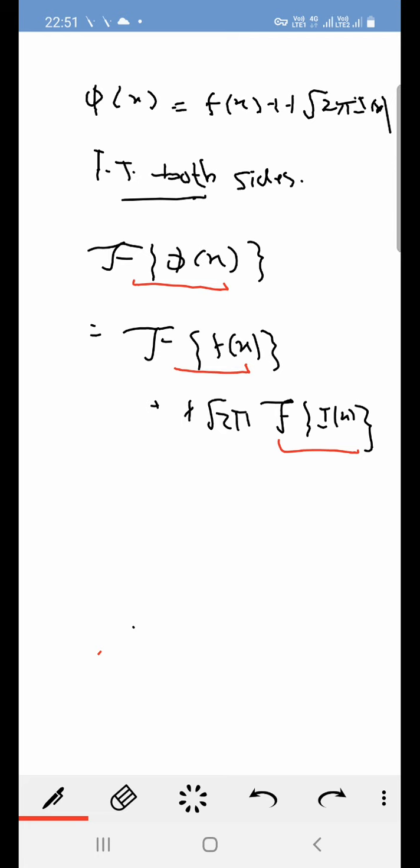Now we have derived the convolution theorem.